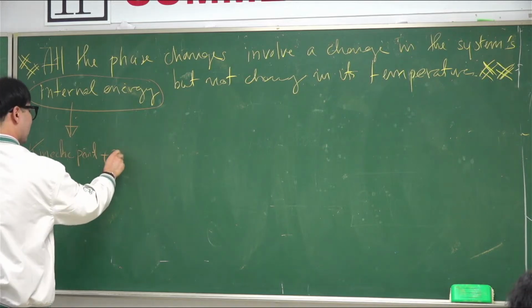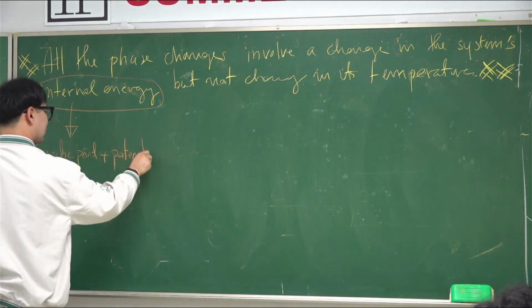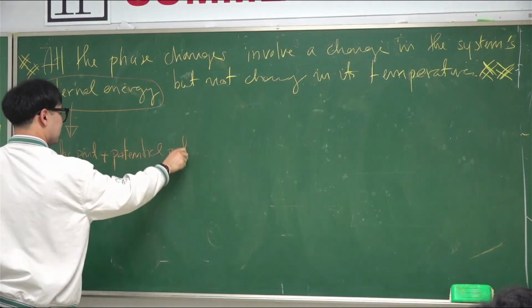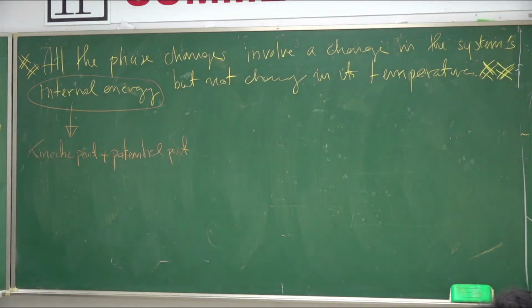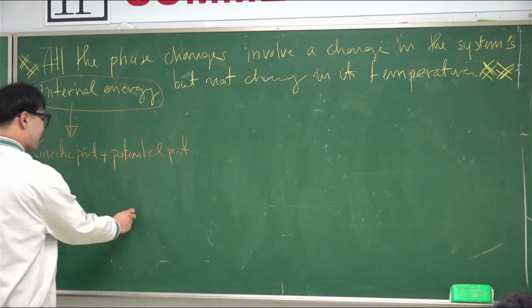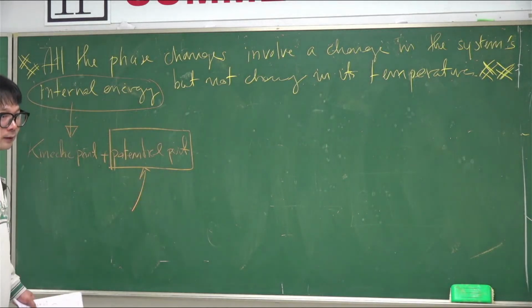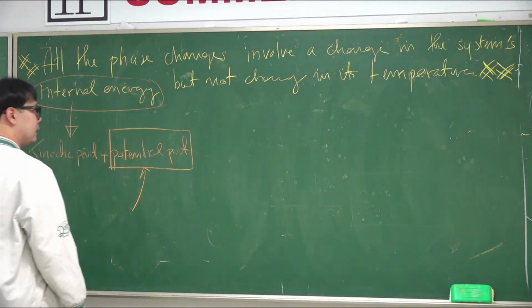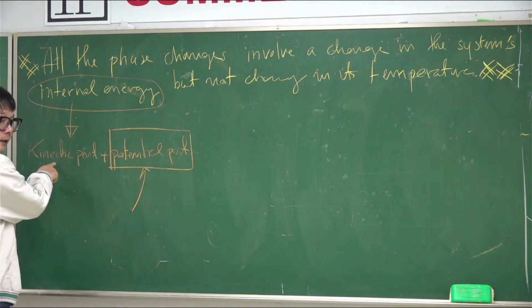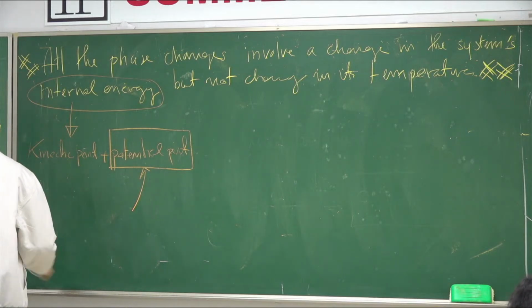And the potential part, right here. So the heat or the energy that we put into the system or get out of the system is going to affect this part of your system, but not this part. I mean, translational kinetic energy.